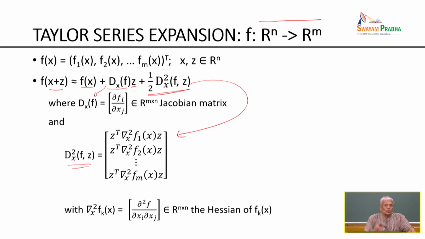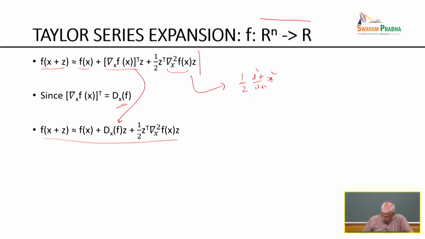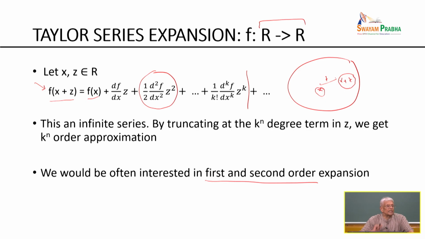With me? What I am trying to do is stack the Taylor series of the scalar valued functions one by one and collect them as a vector. And what are these terms? These are Hessians. So Hessian, Jacobian: first derivative, second derivative.